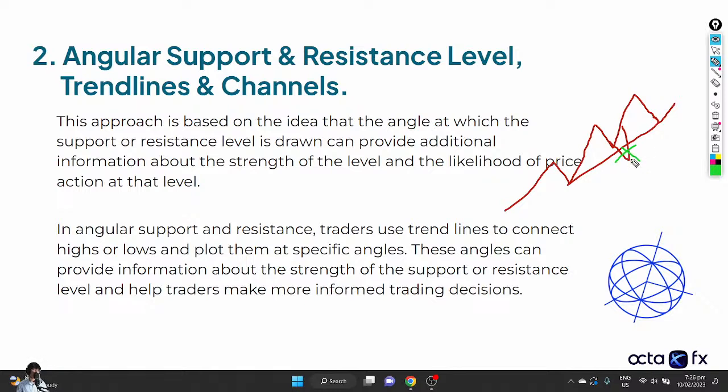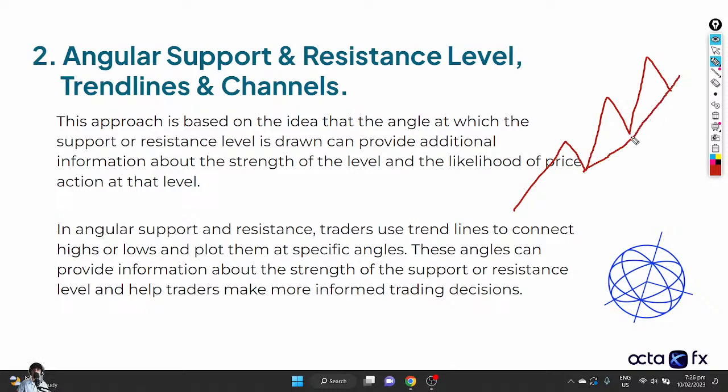Because if the trend line looks like this, then this is considered invalid, or this is not a good trend line. So what we need to consider is to look for a trend line which has a retest like this.